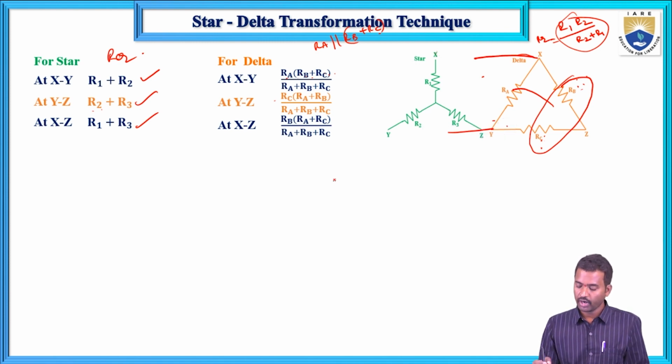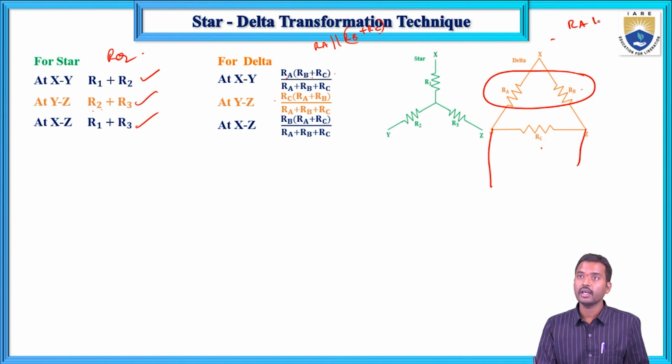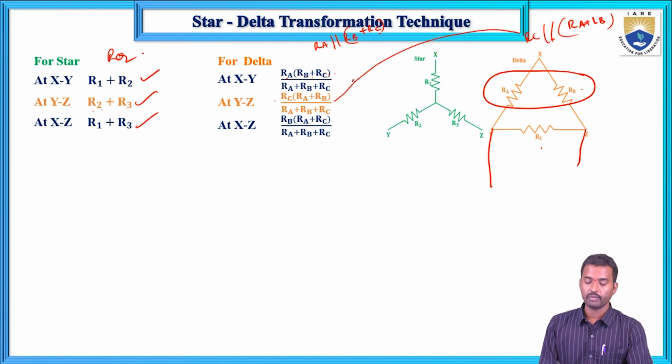Now see at the Y and Z terminals. In that case, RA and RB are connected in series, again in parallel with RC. So for the parallel case, it is RC multiplied with RA plus RB, divided by RA plus RB plus RC.